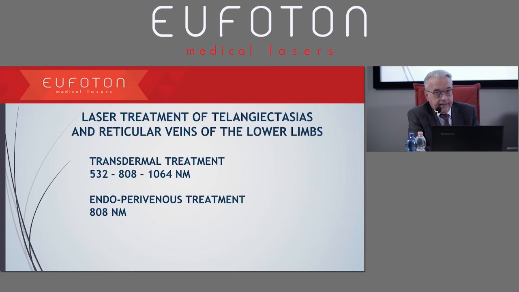They have a completely different set of problems. So the lasers that we use, 532, 808, 1064, that Americans still love, but if you use 1064, you know that there are a few issues.